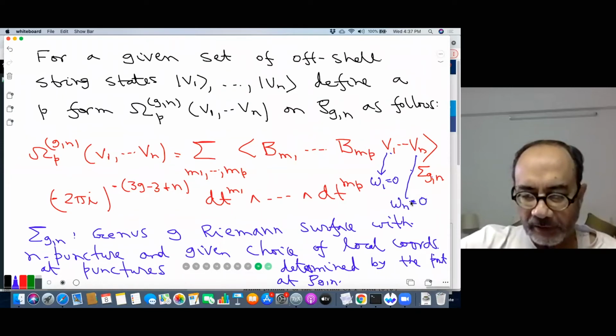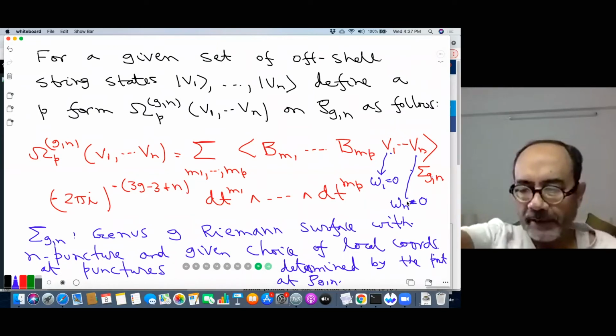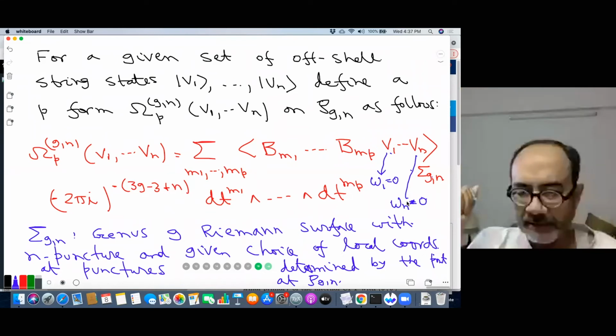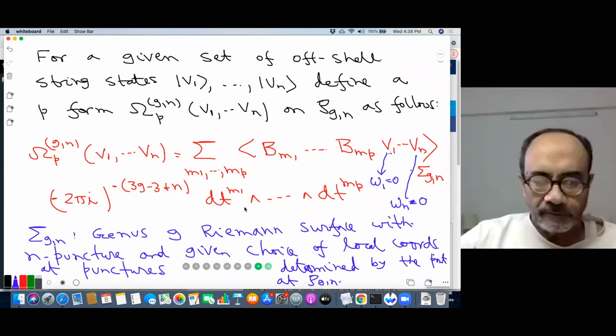So in other words, if you fix the point in the moduli space and change the local coordinates, that means if you go up the fiber along the fiber direction, this will still change for an off-shell state, because the local coordinate system changes. So this is the abstract definition of a form on P_{g,n}. Is this clear, the definition?